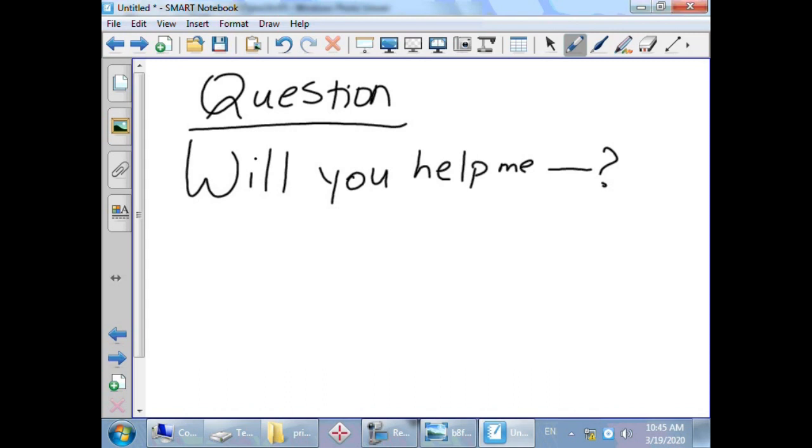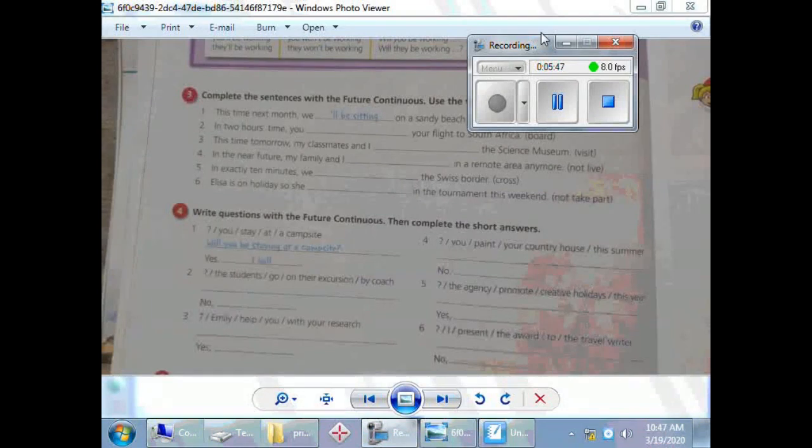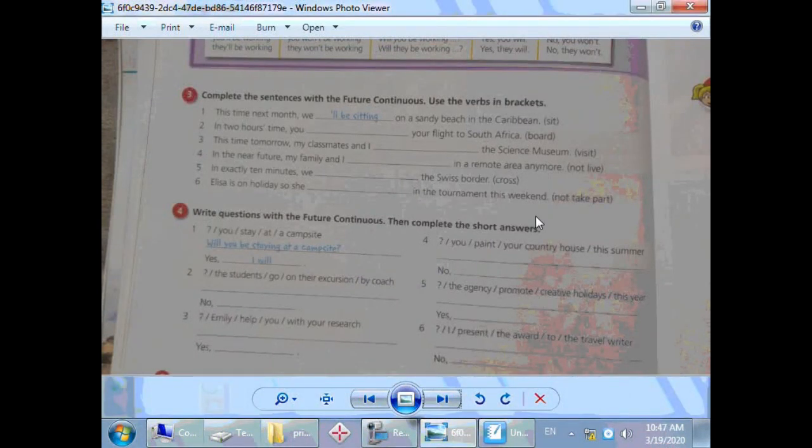Okay, now let's answer some questions about it. Here the question says, complete the sentences with the correct form of the future simple. Use the verbs in brackets. Okay, so let's start.